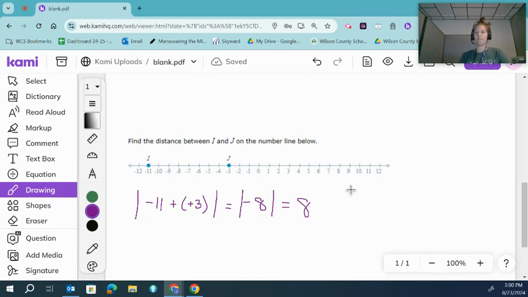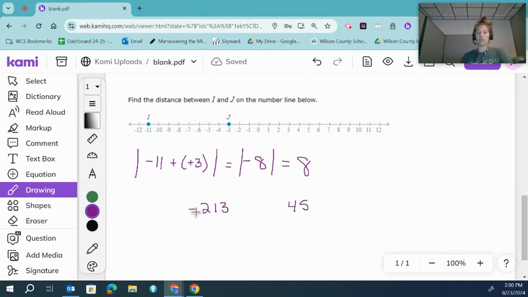However, when you get to bigger numbers, such as the distance between -213 and 45, you're going to want to use an absolute value expression to help you find the distance between these two numbers. We can do the absolute value of -213 minus 45.